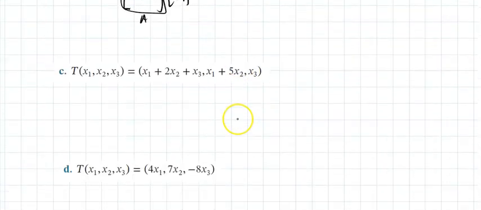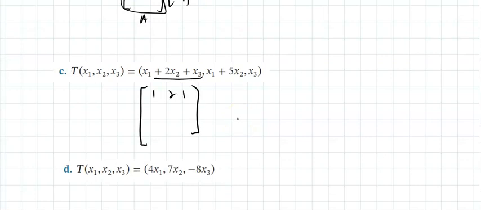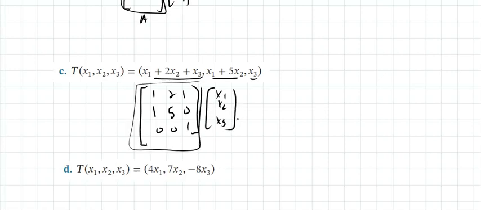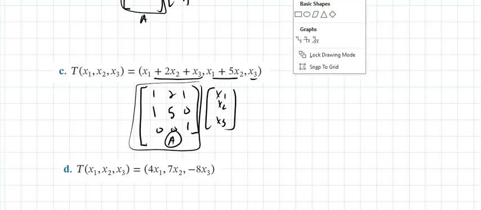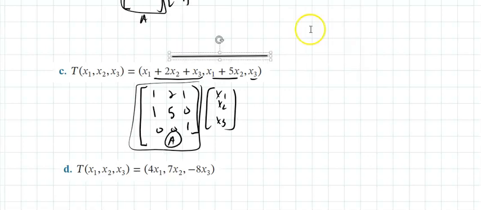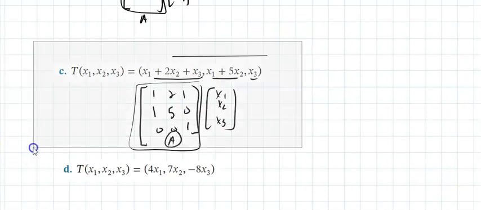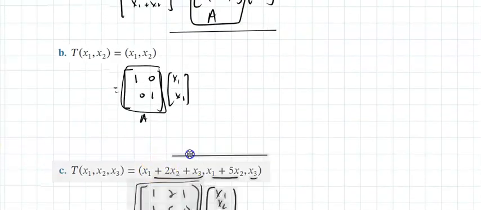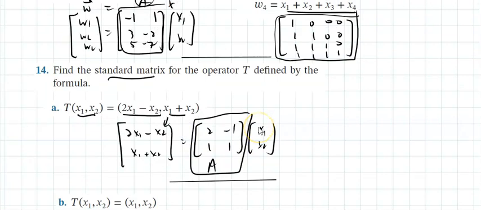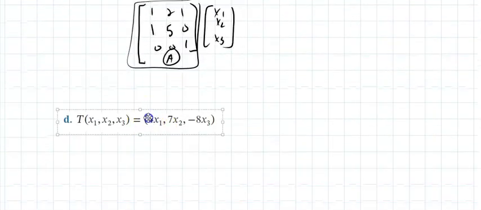If I get to the next one, the first entry will be 1, 2, 1. The second will be 1, 5, 0, and the third will be 0, 0, 1, times x1, x2, x3, and there's my A again. And that's what I'm looking for, the standard matrix for this operation.